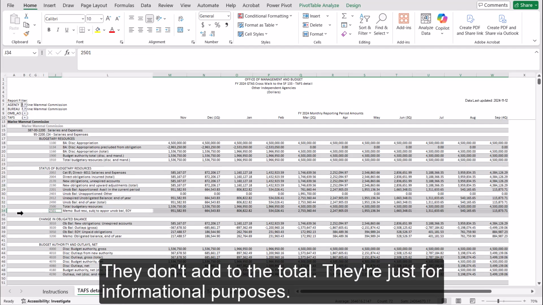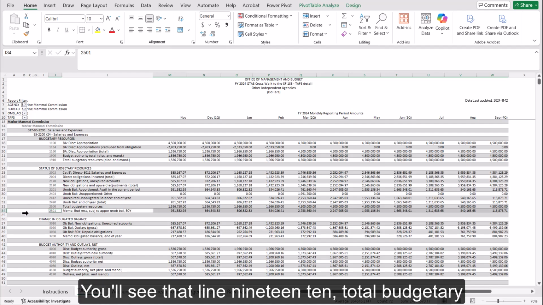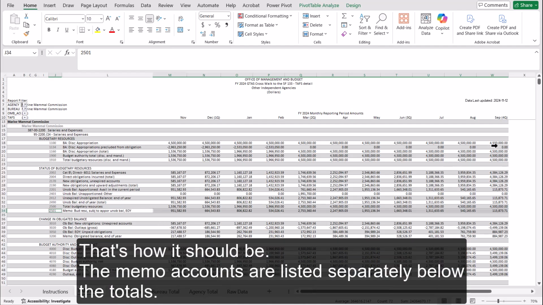They don't add to the total, they're just for informational purposes. You'll see that line 1910, total budgetary resources, equals line 2500, total budgetary resources. That's how it should be. The memo accounts are listed separately below the totals.